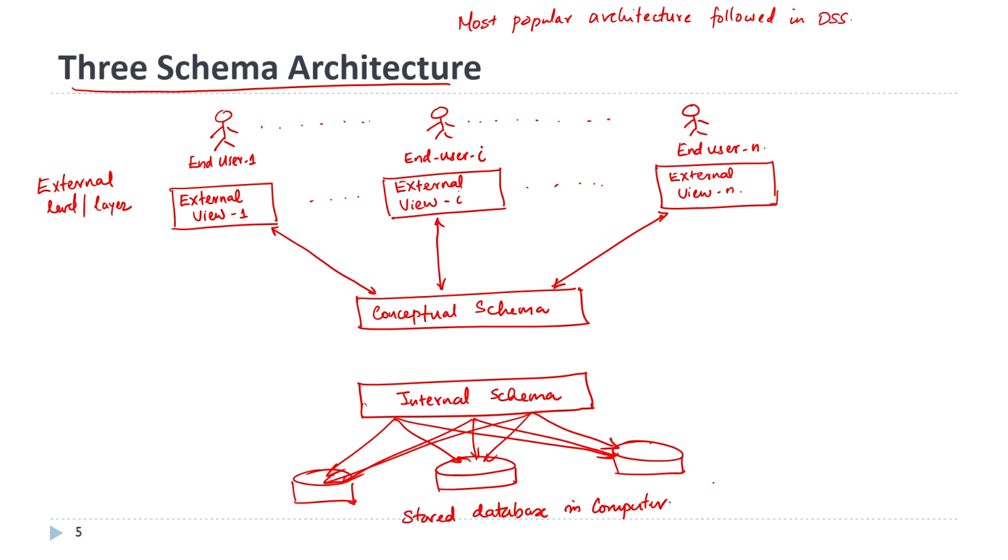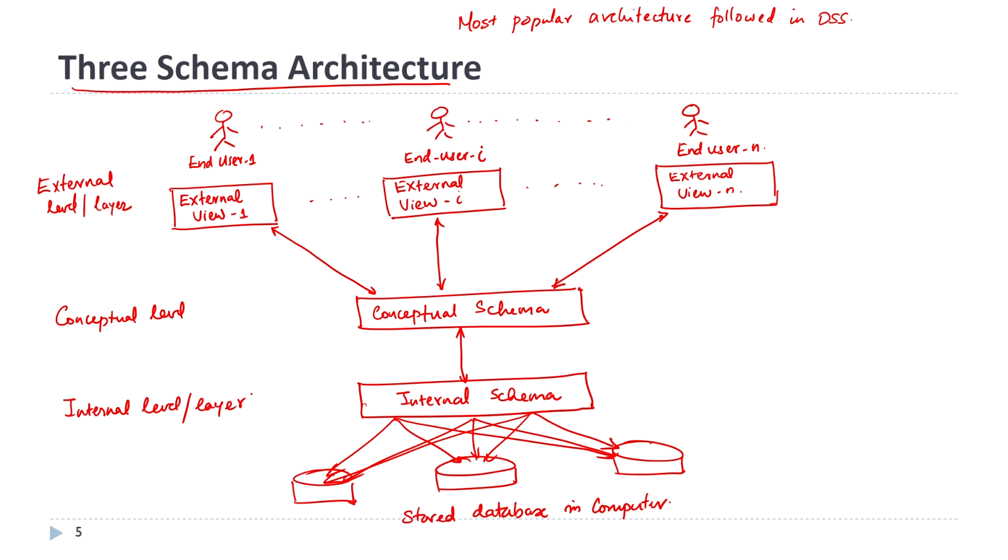Makes sense. Now, between this conceptual schema and internal schema, there is a mapping as well. The conceptual schema is at the conceptual level or layer, and the internal schema is at the internal level or layer.